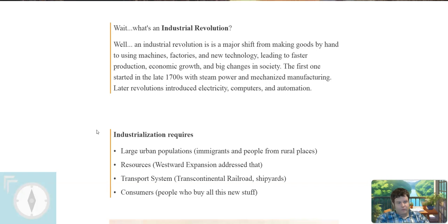The other thing you need are resources. Resources play a huge role in the Industrial Revolution. It's also going to play a huge role in a lot of the conflicts of the 20th century, like World War I and World War II. You need lots of resources. Factories, since they're able to produce more, need more.